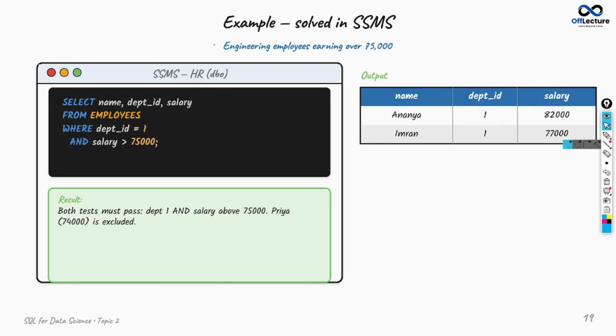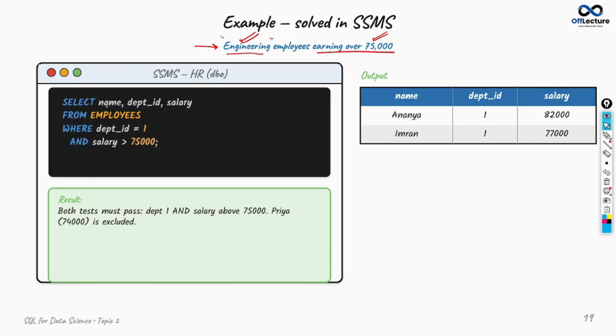Let's say I want all the engineering employees earning over 75,000. So we need two conditions to be satisfied simultaneously. That is, the employee should be from the engineering department and they should be earning more than 75,000. So what will be our query?